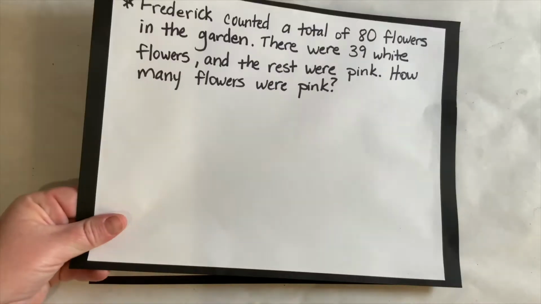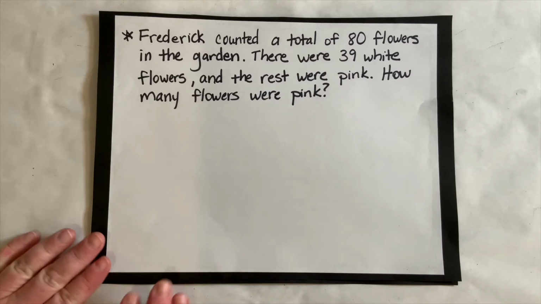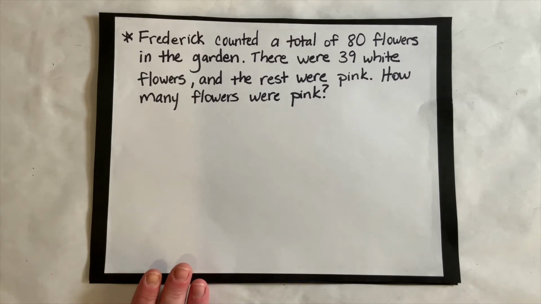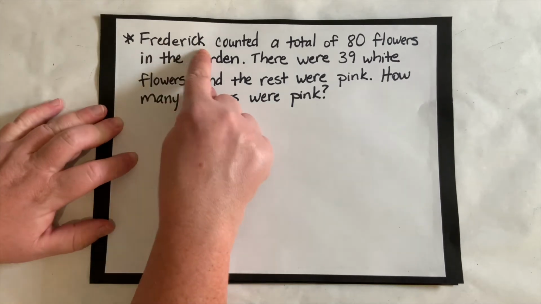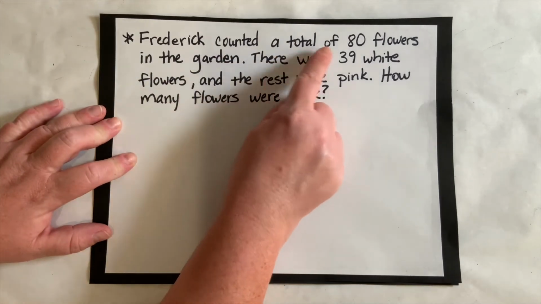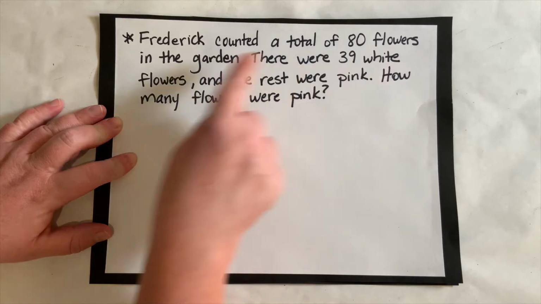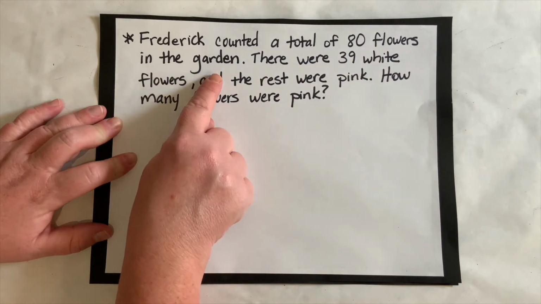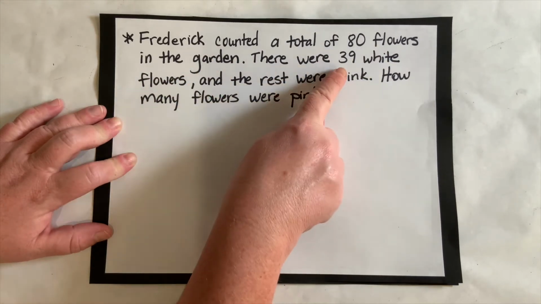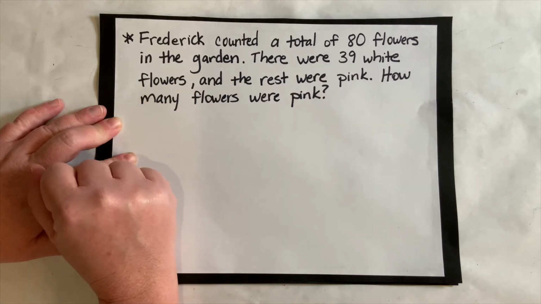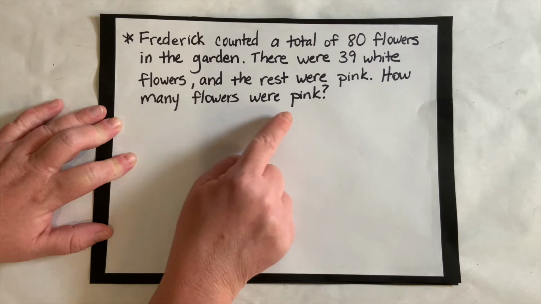Let's take a look at this problem. Here's a word problem that you've probably seen before. I'm going to read it to you. Frederick counted a total of 80 flowers in the garden. There were 39 white flowers and the rest were pink. How many flowers were pink?